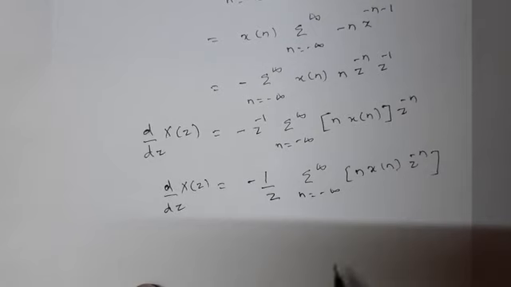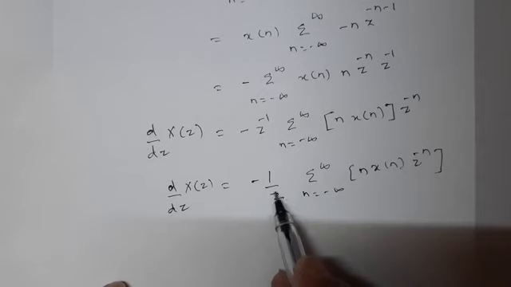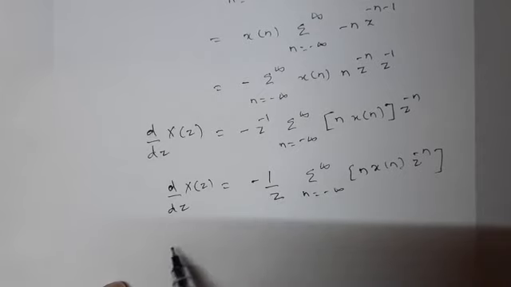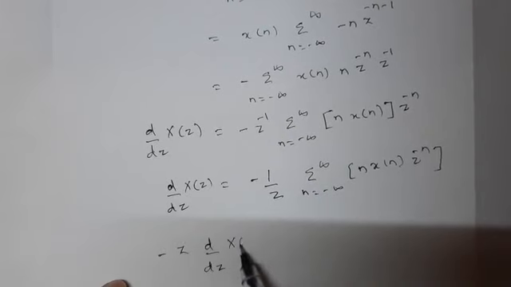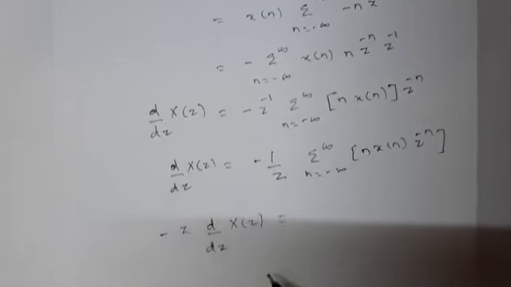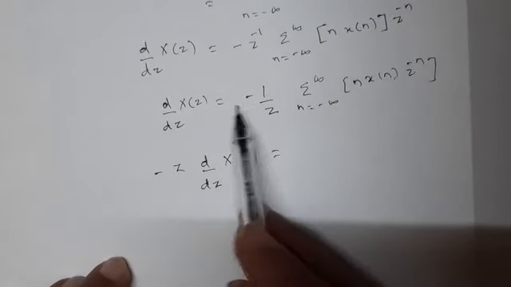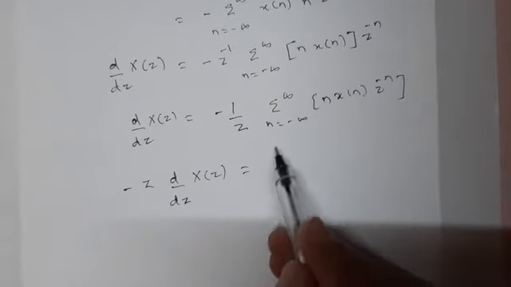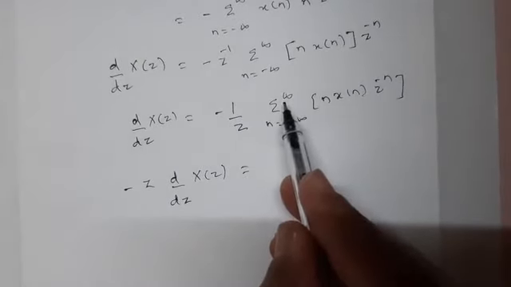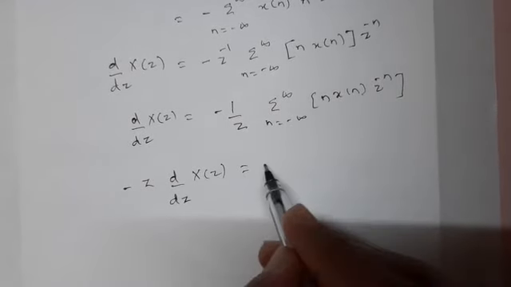Am I right? So shift this z to the left side. So minus z d by dz X of z. What I have done, this z on the left side, so minus sign here, minus z d by dz X of z. So summation n equal to minus infinity to plus infinity, consider this as one sequence, n x of n z to the power minus n. So what is this?